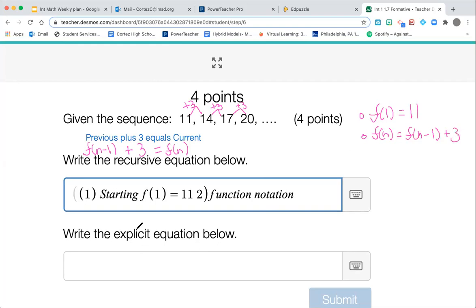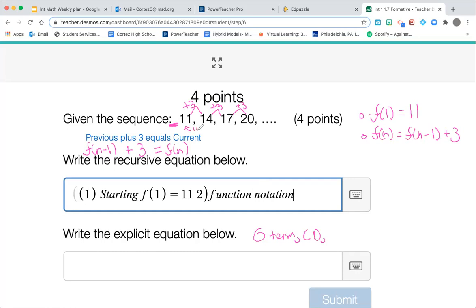Does that help? For the explicit, I think I've given steps on this before, but I need to find the zero term. I need to get the common difference. And then I want to frame my equation using those two things. So my zero term, I don't have that, but could I backtrack and get it?